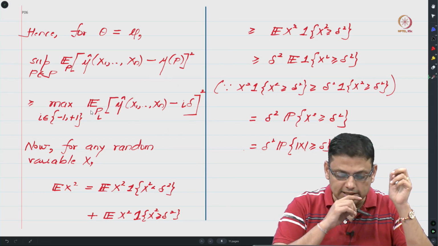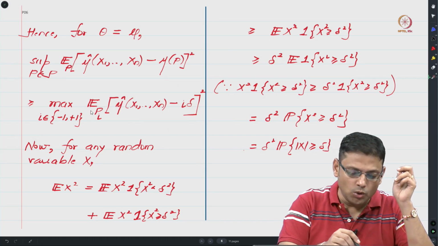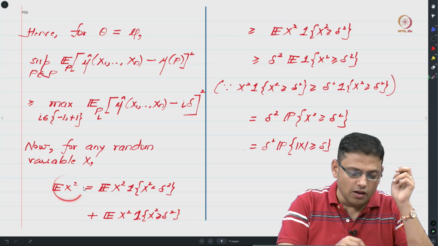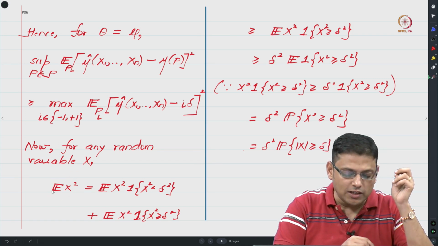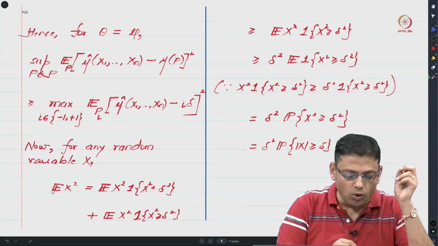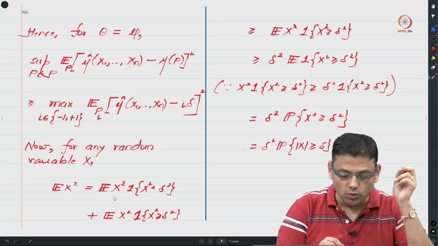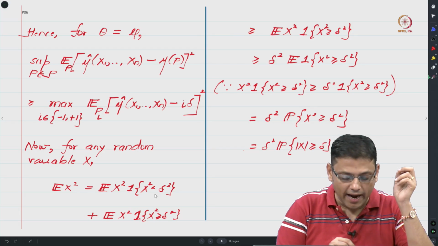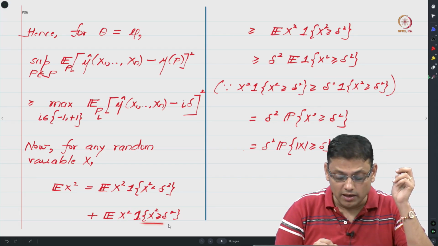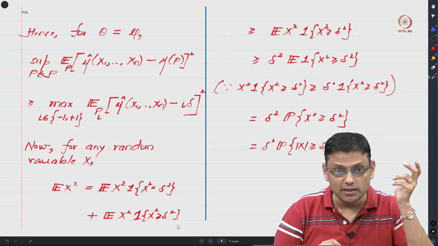What we will do is make use of the fact that for any random variable, let us say X, its expected value of X square is equal to the expected value of X square times the indicator that X square is strictly less than delta square, plus the expected value of X square times the indicator that X square is greater than delta square.